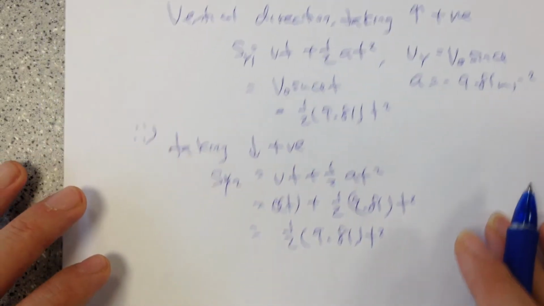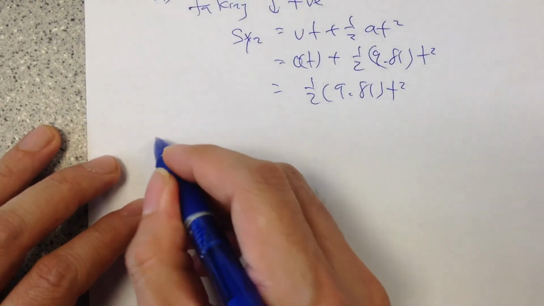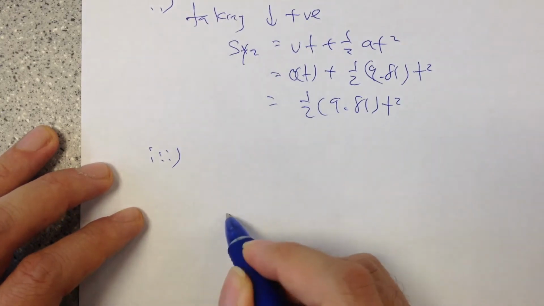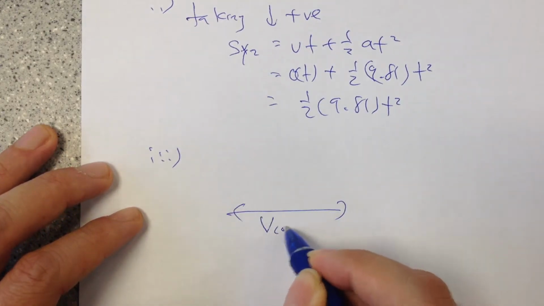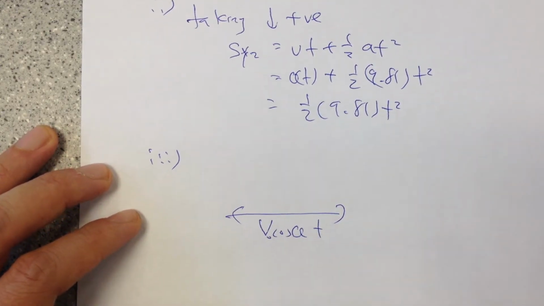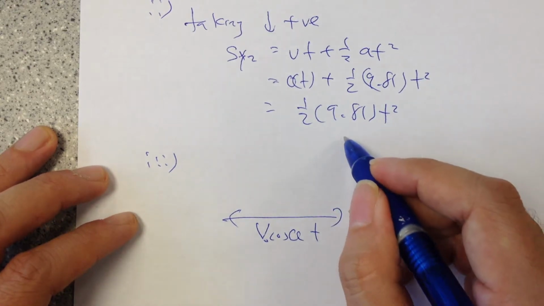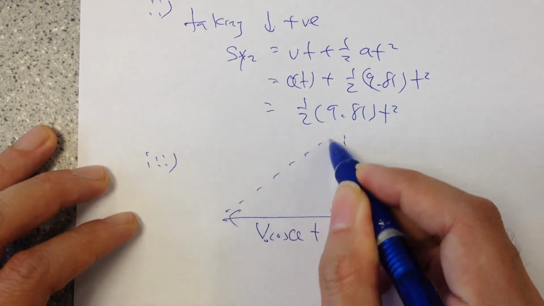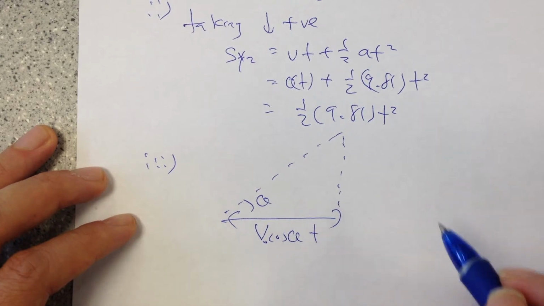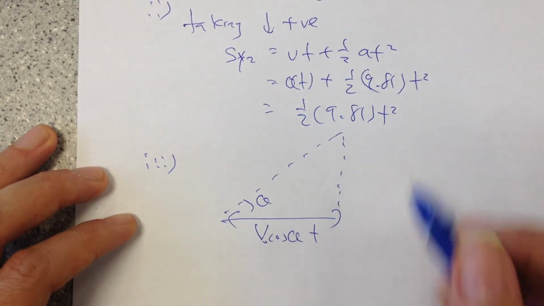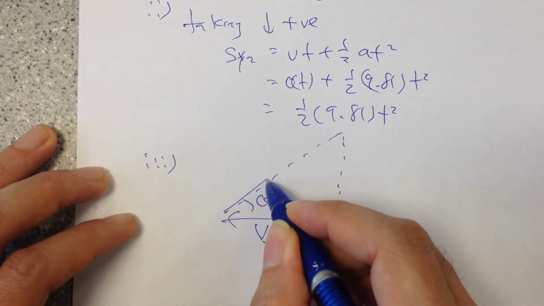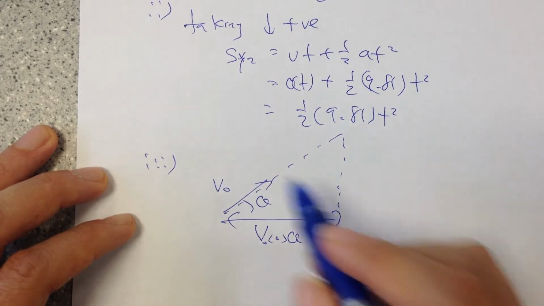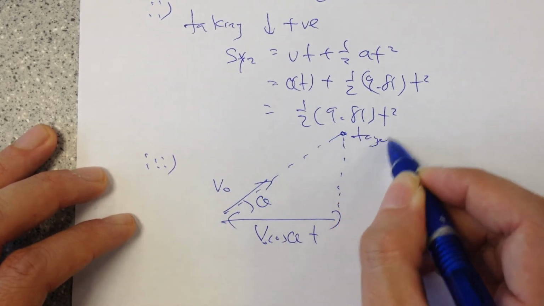So we actually have this in part 3. You have this distance v cosine theta t, and you know this is theta, so this is the direction of v, aiming at the target.